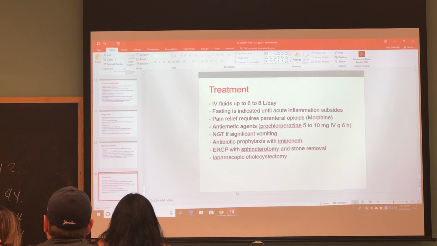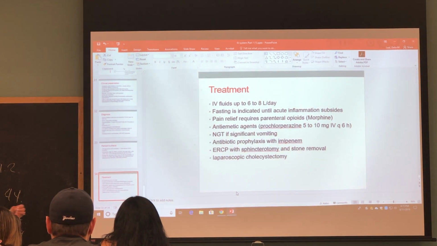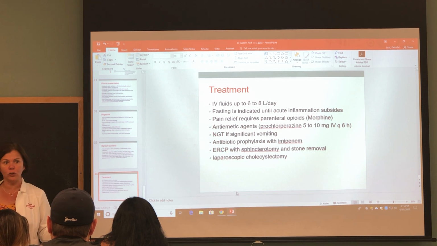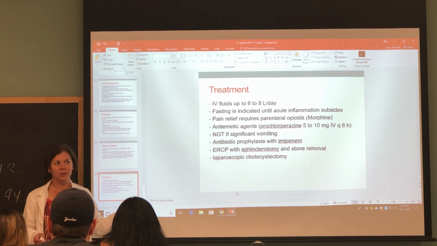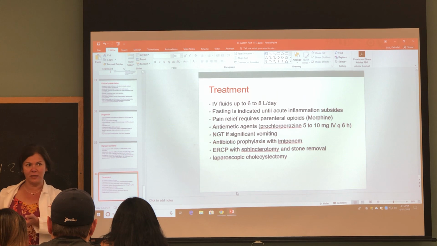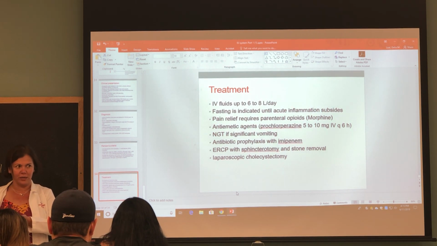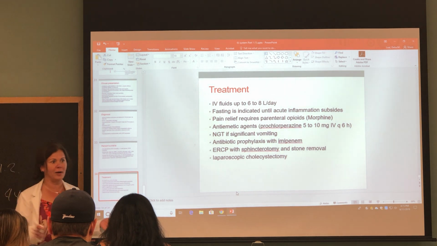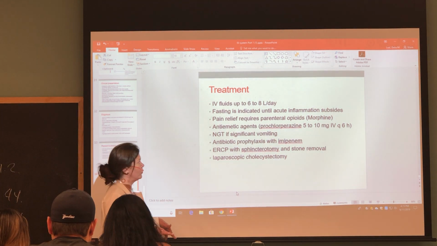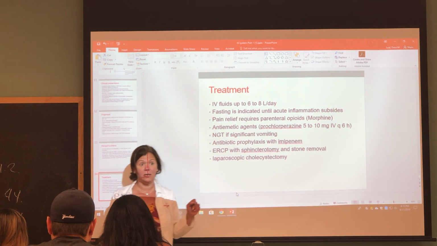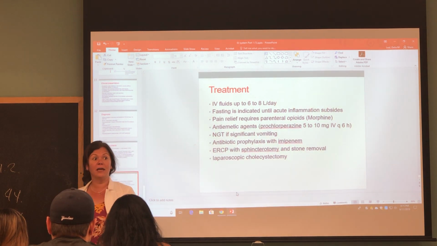Now, what else, since remember, cholelithiasis is the leading number one cause of pancreatitis, what else can you do for this patient? Of course, you have to remove the stones. If the patient is in severe pancreatitis in the ICU, critically ill, you're not going to do so, right? But if the patient has mild to moderate pancreatitis, once the acute phase finishes, you can also do ERCP and get the stones.